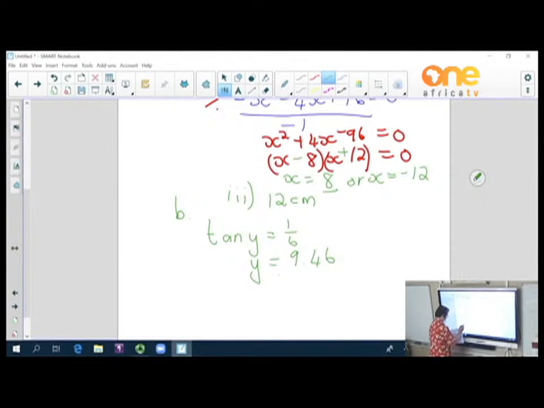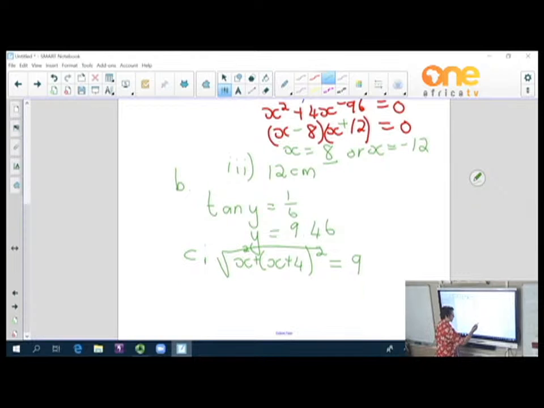So I'm going to say now that x squared plus x plus 4 squared, I'm using Pythagoras, is equal to 9. So the square root of this is equal to 9. To get rid of this square root, I'm going to square. So then you still have x squared plus x plus 4 squared is equal to 81.